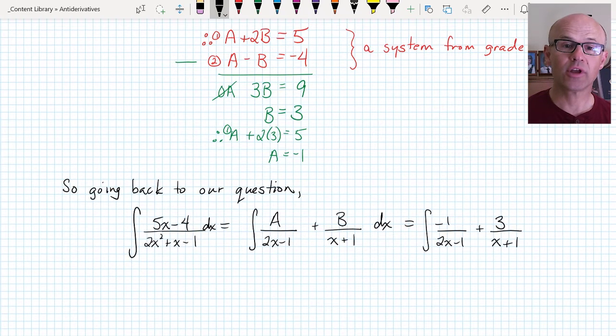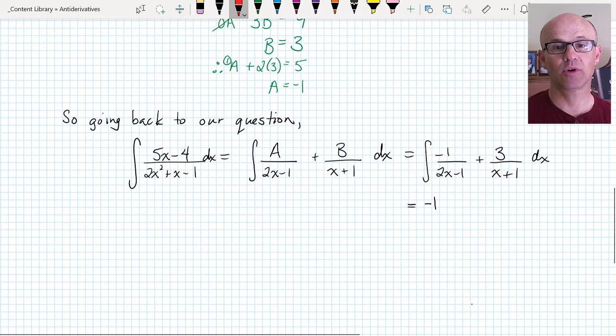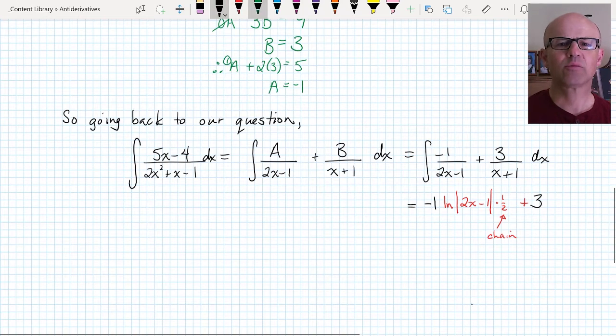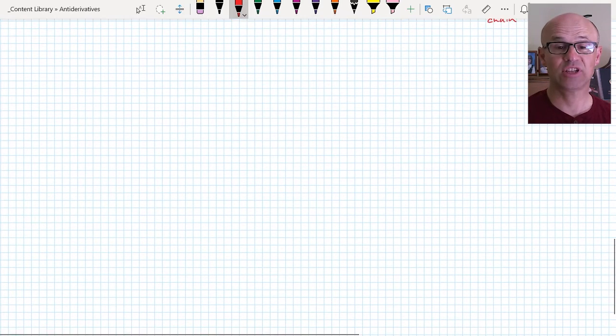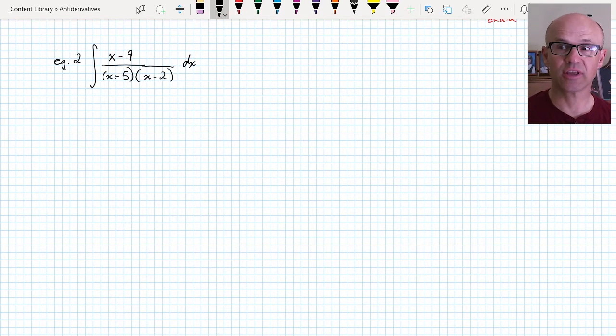A negative 1 over 2x minus 1 and a 3 over top of x plus 1. I can very easily integrate each of these using logarithms, ln. Please remember there's a 2 in front of that x, so I have to compensate for that using the chain rule. And I'm done. The task then is going to be able to break up the original integral into these pieces.